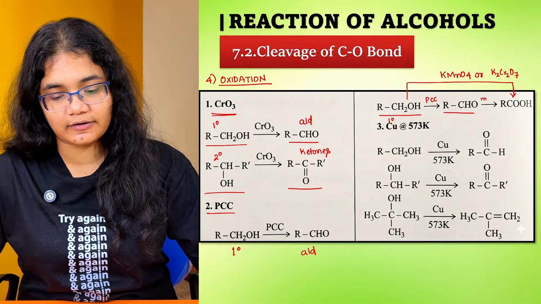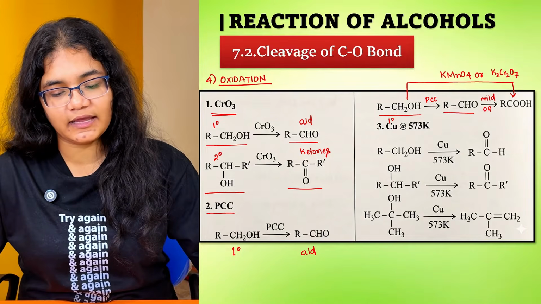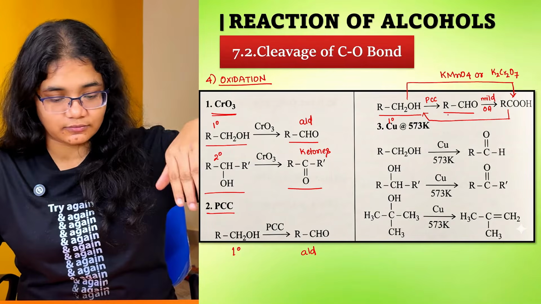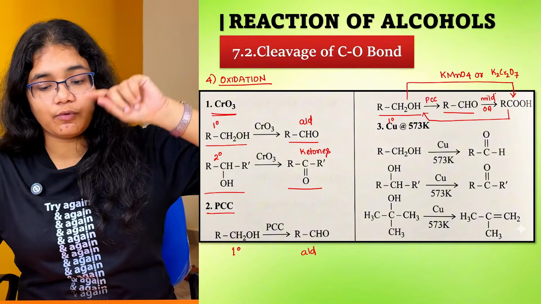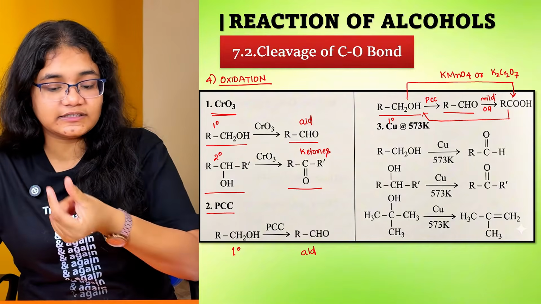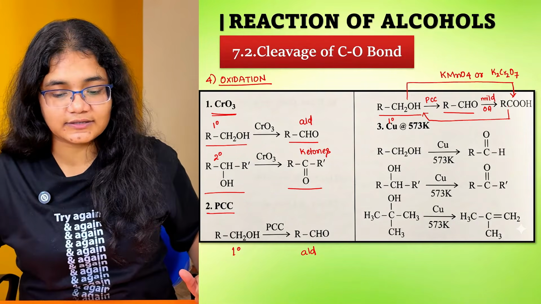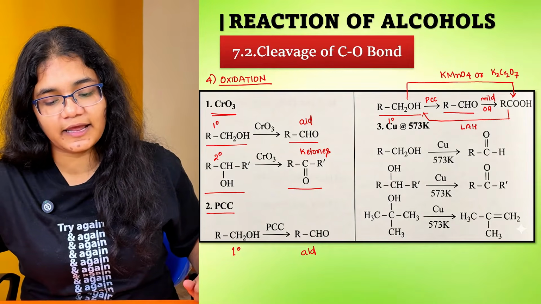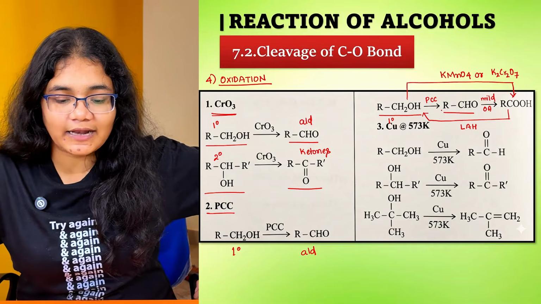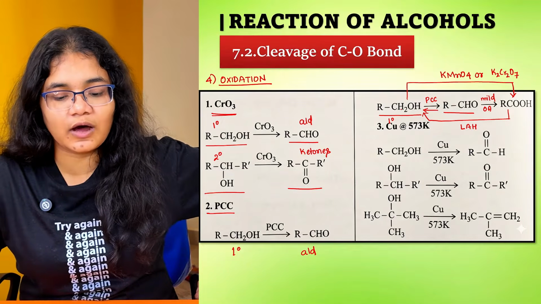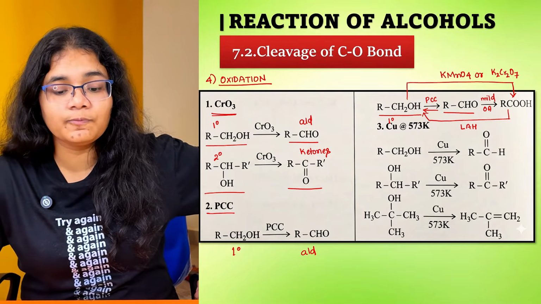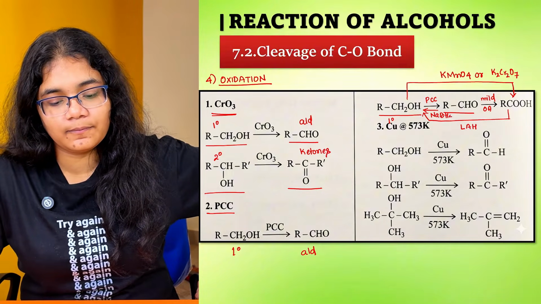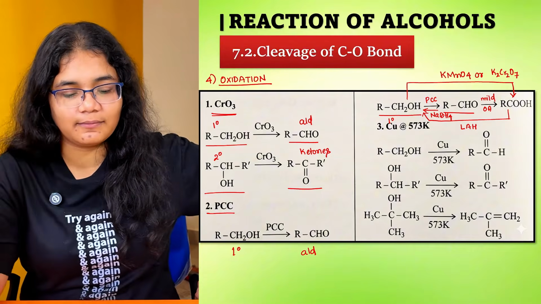Now if you want to go from RCOOH to RCH2OH, that is from acids to alcohols, which is reduction, the above one being oxidation, you have to use a reducing agent like lithium aluminium hydride. Similarly, from RCHO to RCH2OH, meaning aldehydes to alcohols, we have to use NaBH4. So this chain you have to remember, it is important.